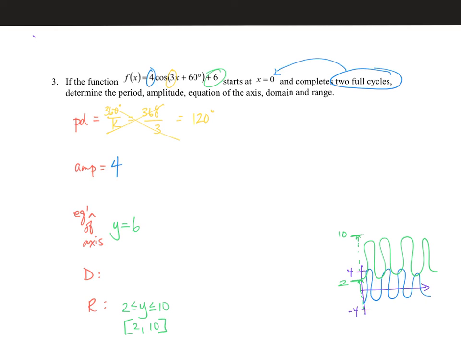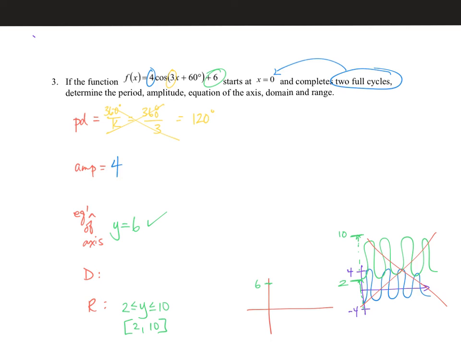However, I'd like to address a different way to think about your range, and a way that may be easier. Rather than focusing on the vertical stretch and then the vertical shift, think of that graph instead as a graph that has a middle. By definition, the equation of your axis is the middle of your graph. So I can tell directly from the equation that I have a middle that occurs at 6.